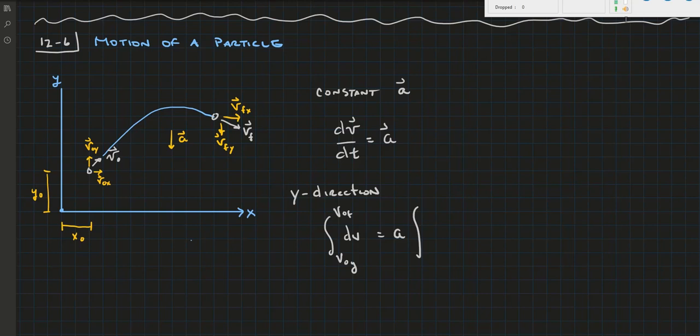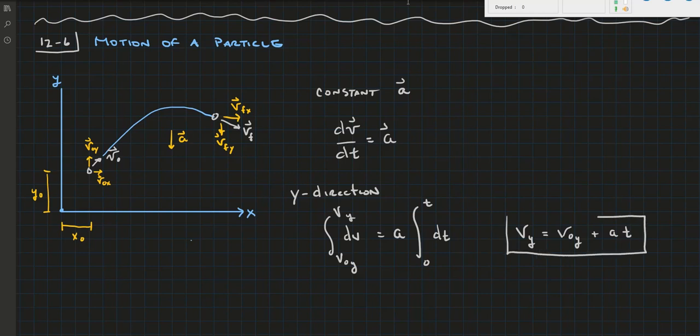Acceleration is constant, so we'll pull it out. We'll go from t equals 0 to our final t, dt, and this will result in the relationship. So our final velocity in the y direction will be our initial velocity in the y direction plus acceleration times time.